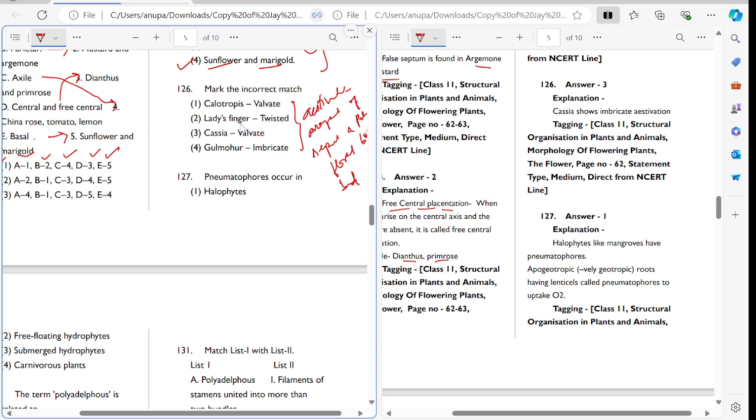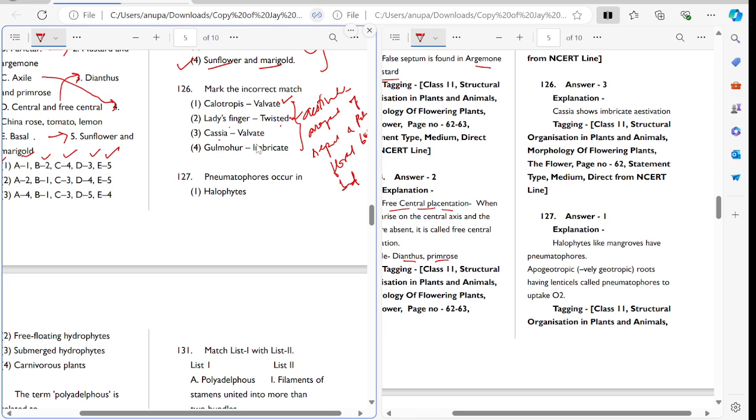So let's match. Calotropis valvate: this match is correct, in Calotropis valvate type of aestivation is found. Next is lady's finger twisted: this is also correct, in lady's finger twisted type of aestivation is found.